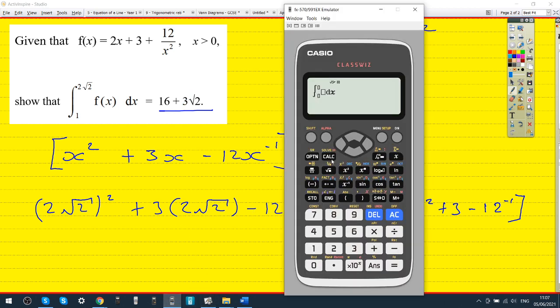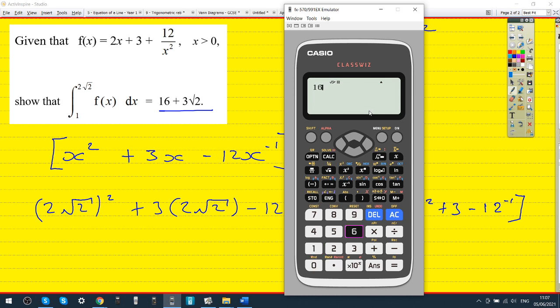Usually you'd just put in the function: 2x plus 3 plus 12 over x², between 1 and 2√2. Problem is it gives us the decimal, and I'm sure that's the same.